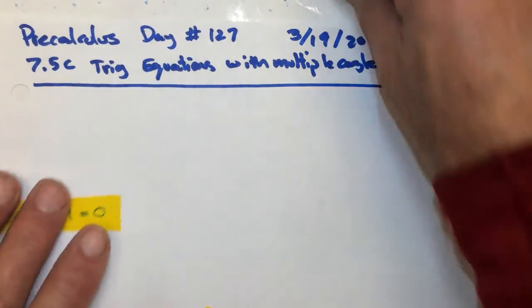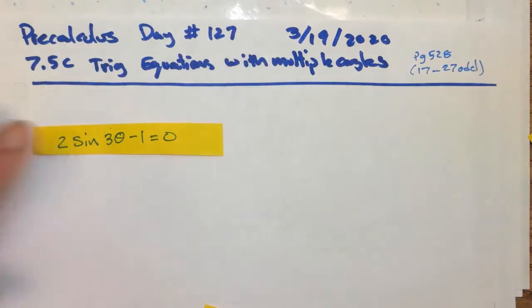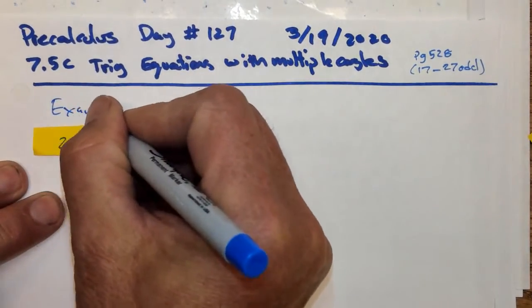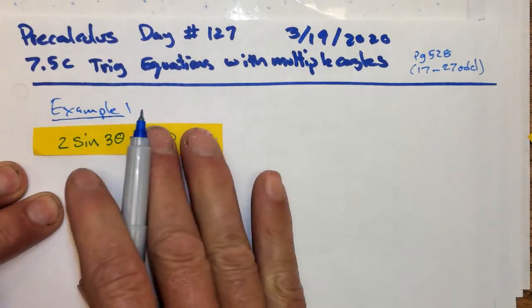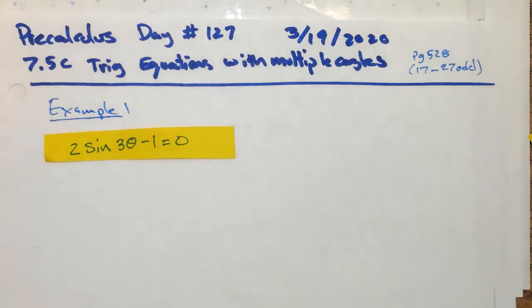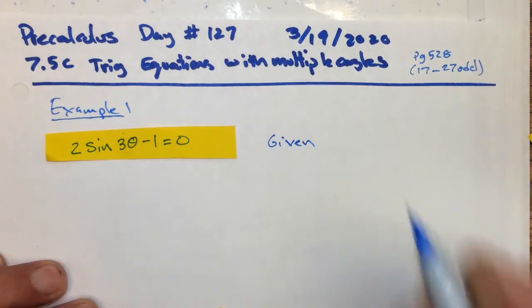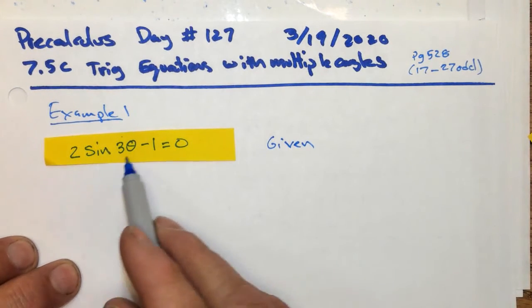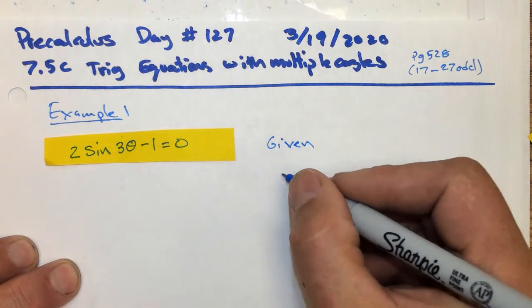So the first one we're going to look at is this one right here. Example 1. We have sine 3 theta minus 1 equals 0. That's given. Okay, so since we just have 3 theta, we have the sine of 3 theta, we can switch to x's and y's.